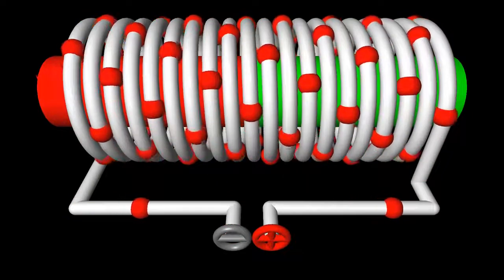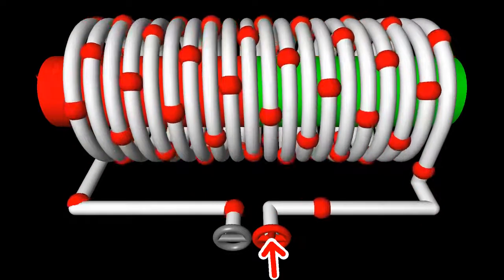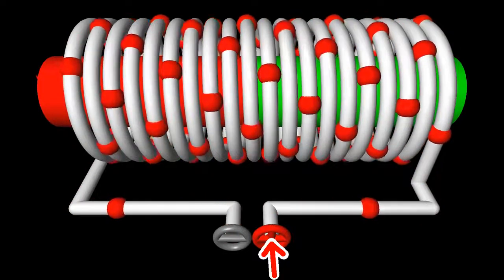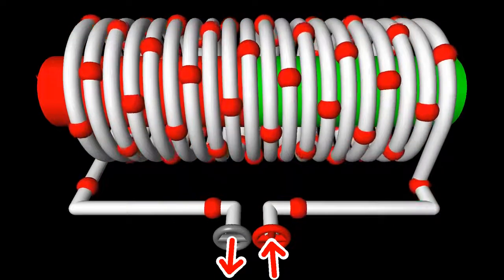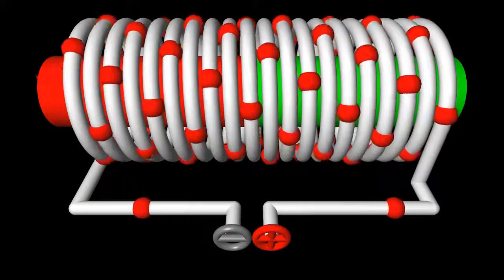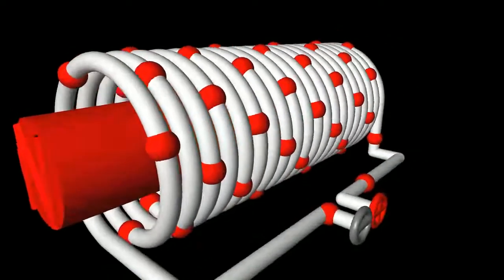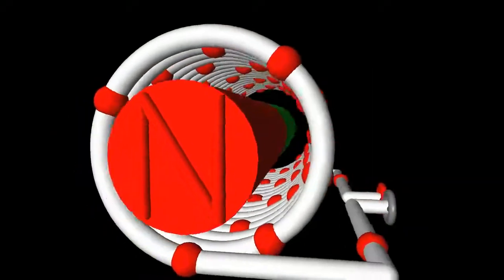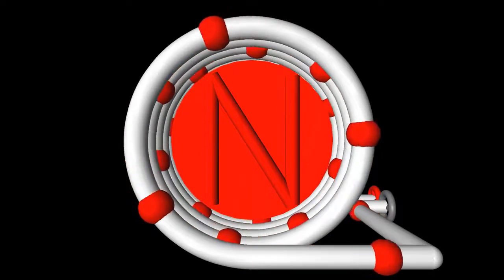If the positive terminal of the voltage source is on the right of the coil, positive charges are entering the wire at that end, while they are leaving the arrangement at the negative terminal on the left. While moving along the wound wire, the charges flow counterclockwise when looking towards the left side of the coil.